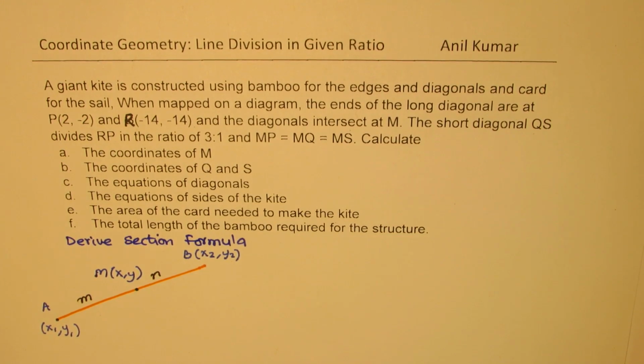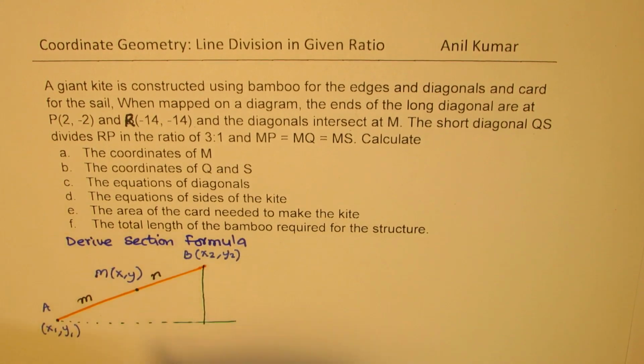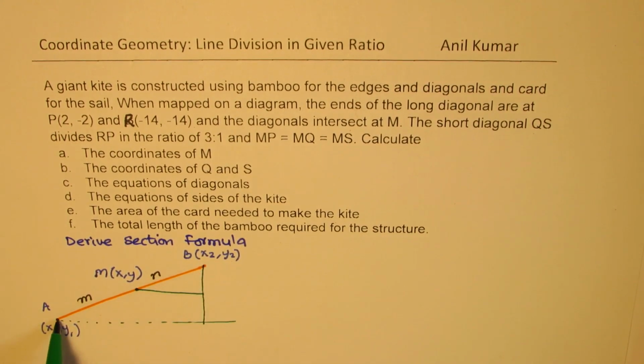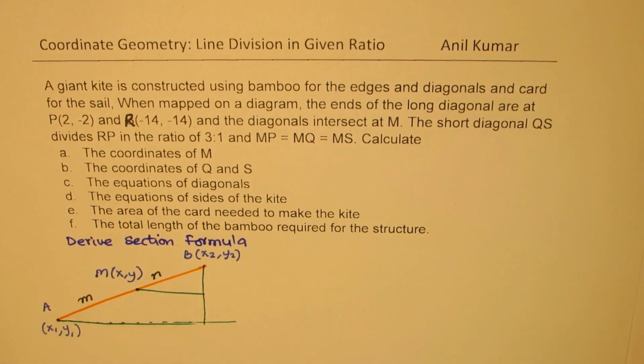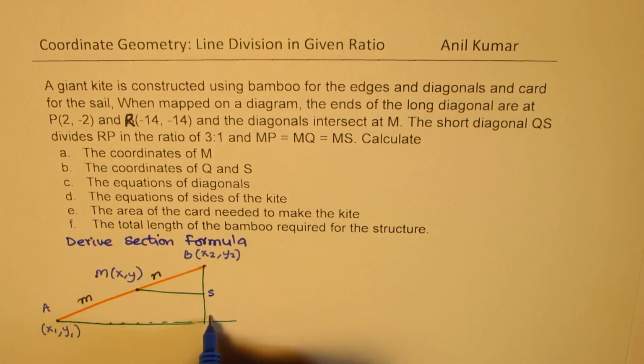You will notice that if I draw a horizontal line here and a vertical line from there, then we do form two triangles which are similar. Do you see that? Let's call these points S and T. So we have A, M, and B here.